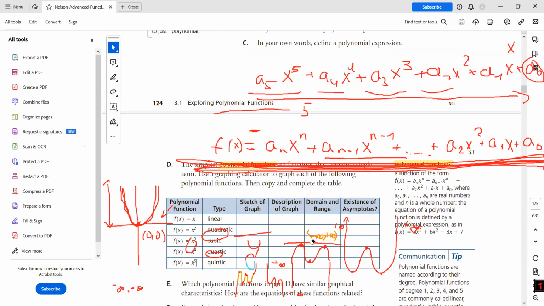And by the way, where else? Existence of asymptotes. That's an important chapter, and we're going to look into it as well. Asymptotes in polynomial functions.